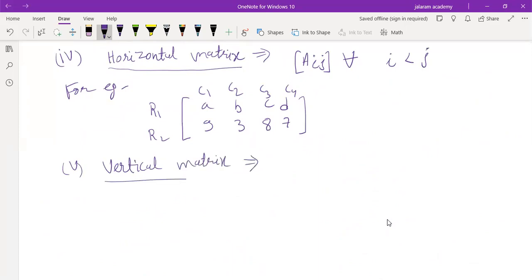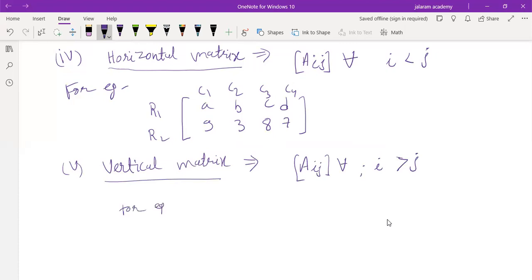And the fifth type we write is vertical matrix. Clearly, a matrix Aij such that i is strictly greater than j.